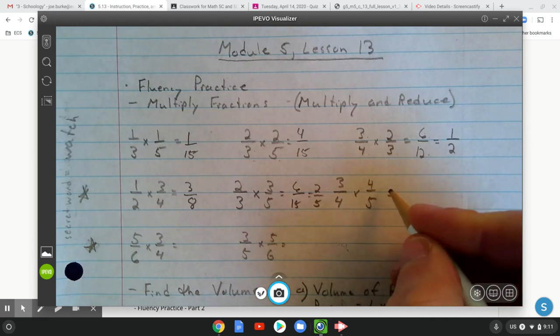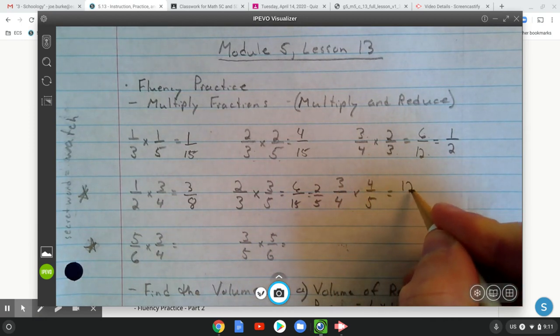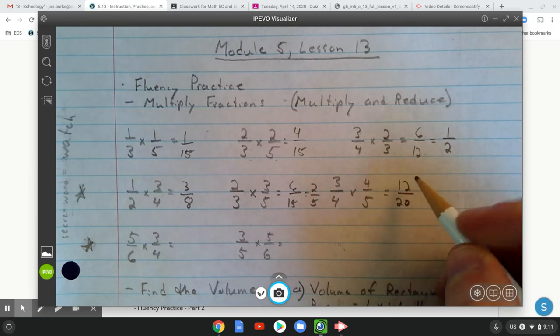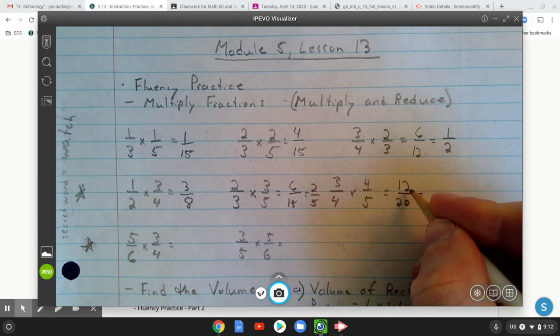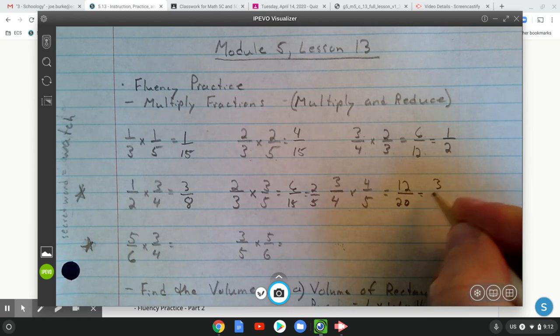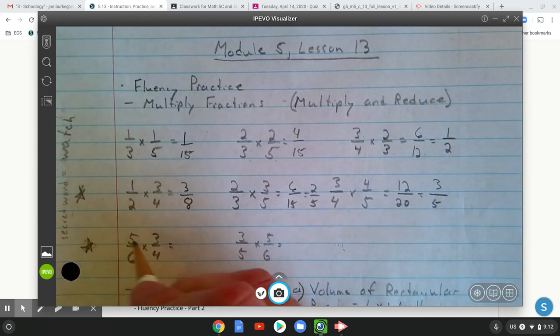And 3/4 times 4/5 is 12/20. And 12/20 can be reduced to, let's see, how about 6/10? No, 4. I'm going to divide 12 by 4 and get 3, divide 20 by 4 and get 5, 3/5.